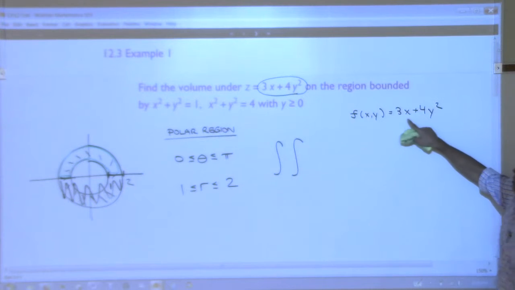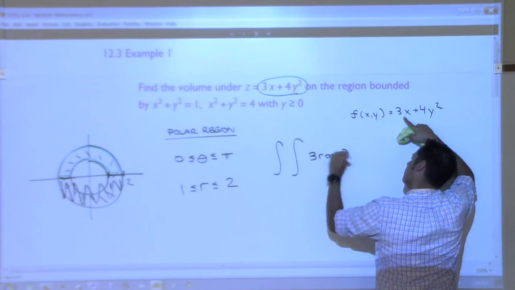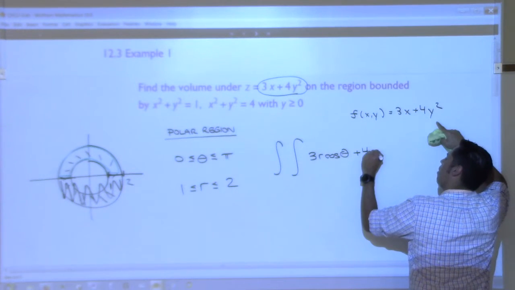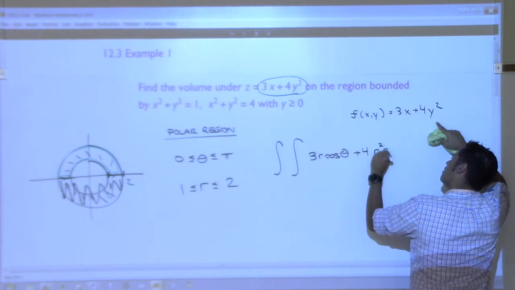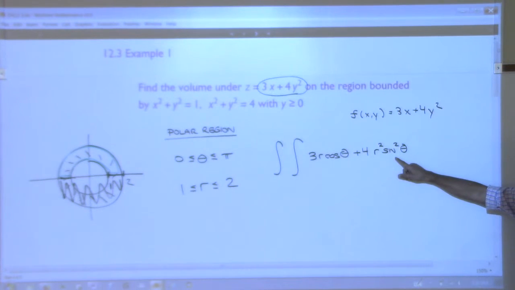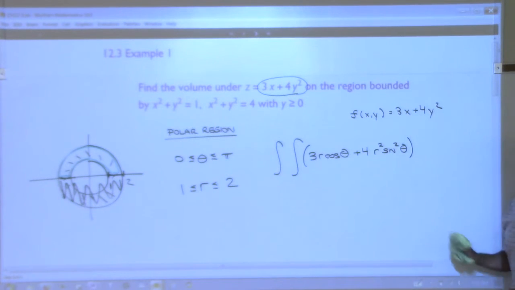That's all I do. So I get 3 r cosine theta plus 4 r squared sine squared theta. I have to square the r and the sine. That make sense? That's the function replacing x and y with their respective polar conversions.